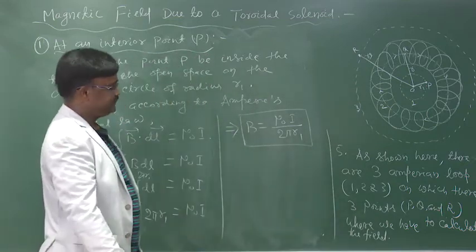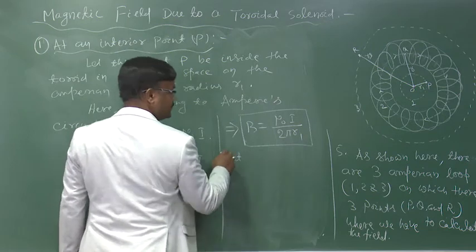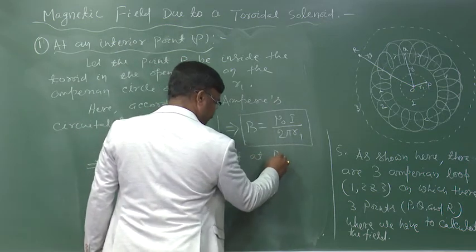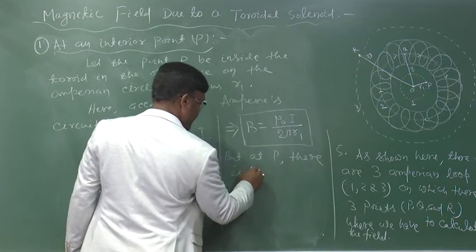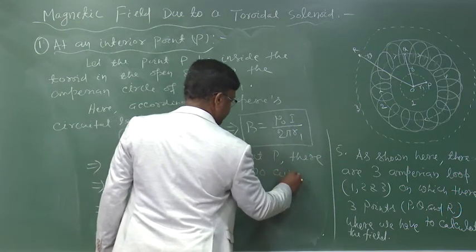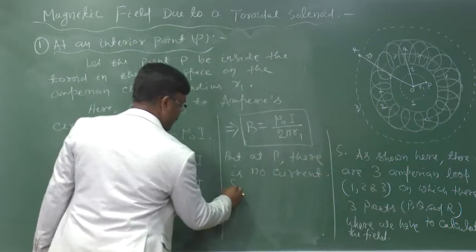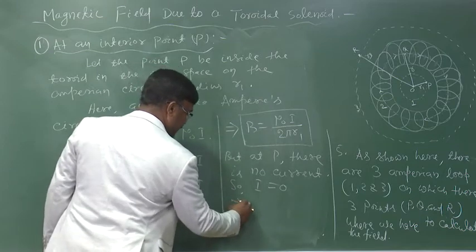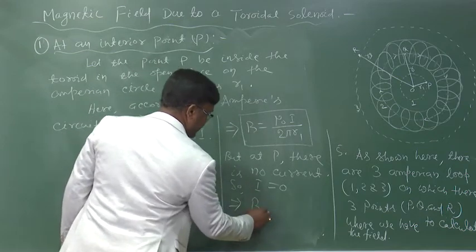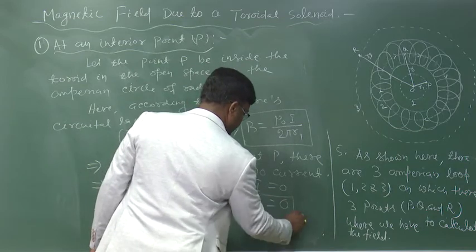But at P there is no current, so I equals 0, which implies B1 equals 0.